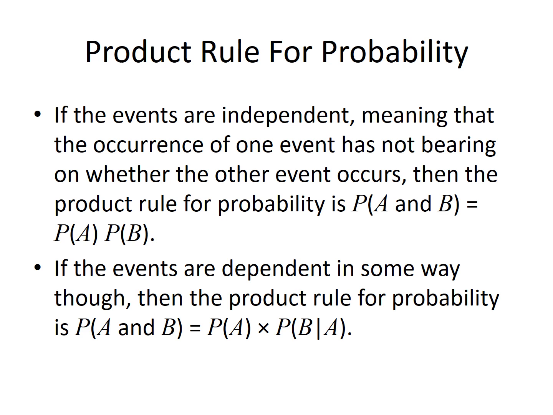So if events are dependent in some way, though, then the product rule for probability becomes as follows. The probability of A and B occurring is equal to the probability of A occurring times the conditional probability of B occurring given that A has already occurred.